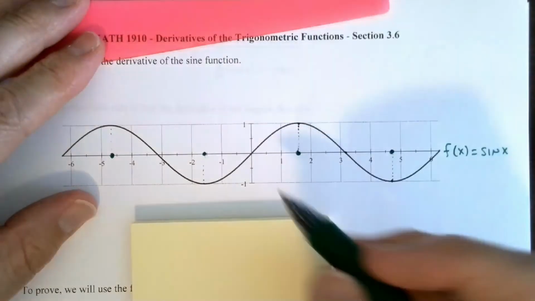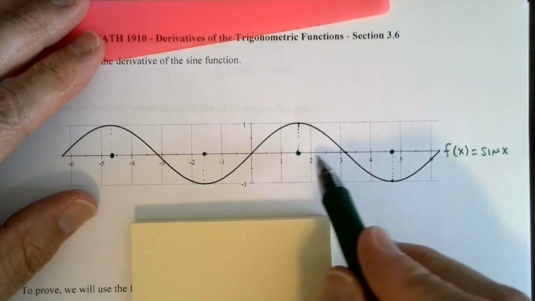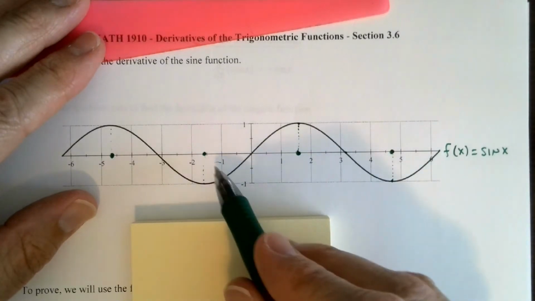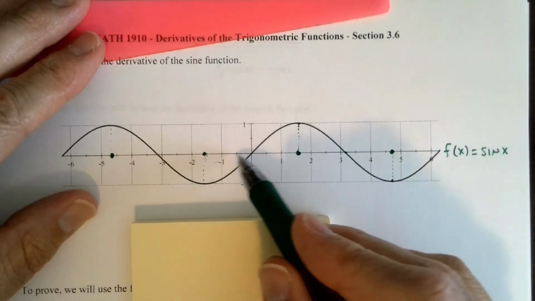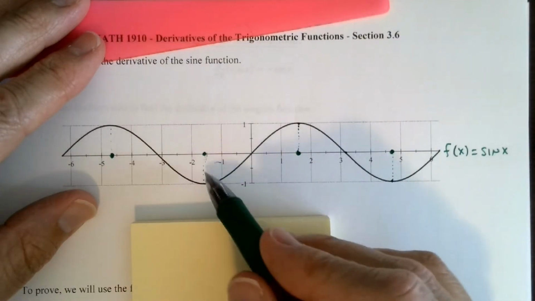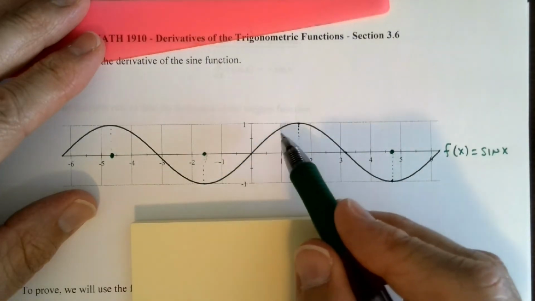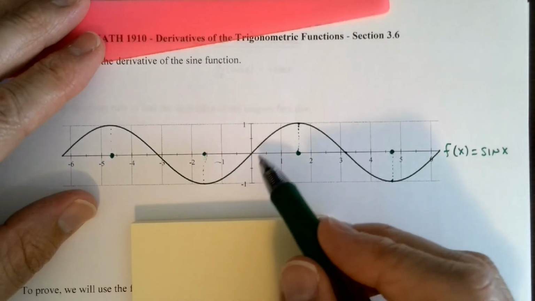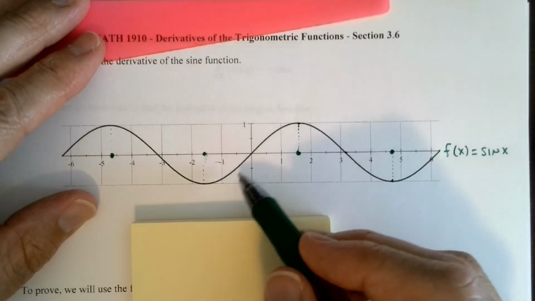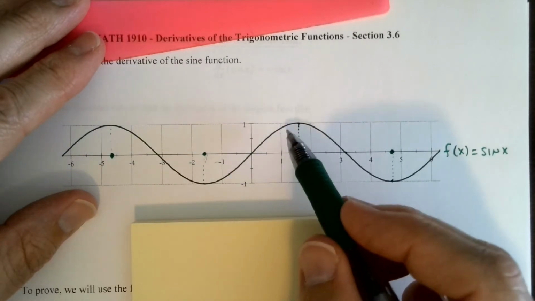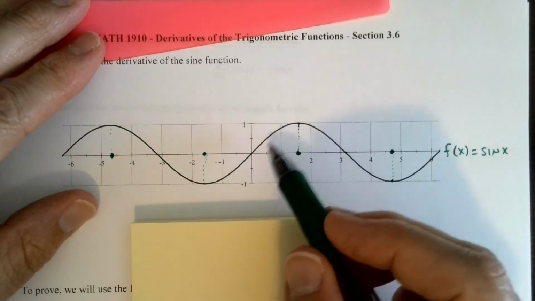Okay. So the question is, what's happening in between, say, these points where the derivative is 0? Well, anywhere between x equals negative pi over 2 to positive pi over 2, notice the graph of the sine function. At any point, what can you tell me about the slope of the tangent line, or about the derivative?